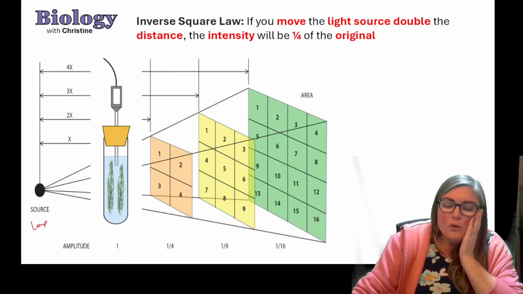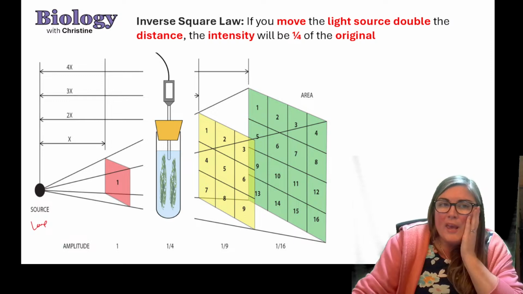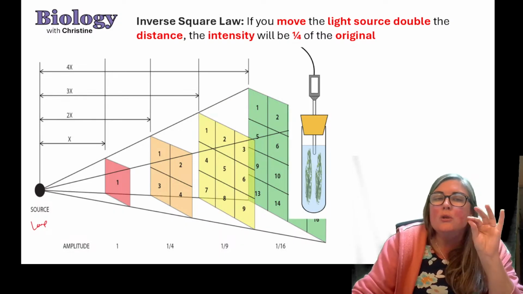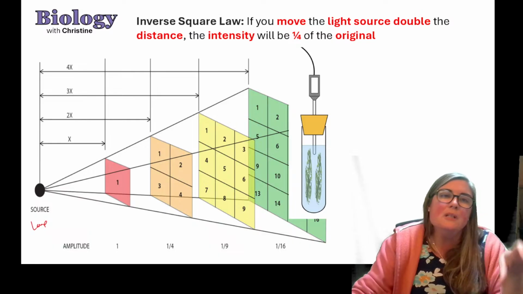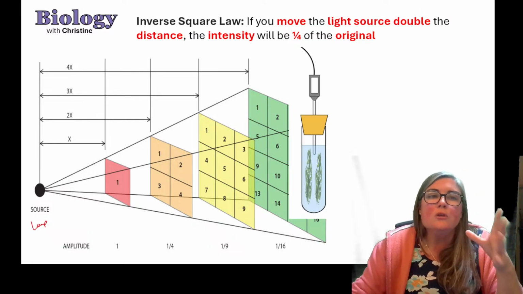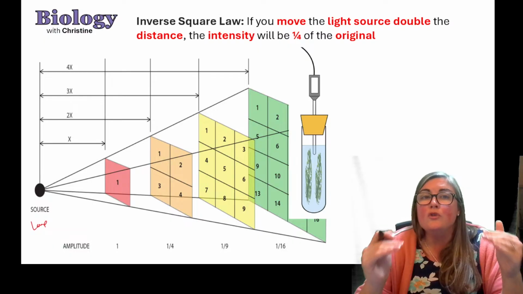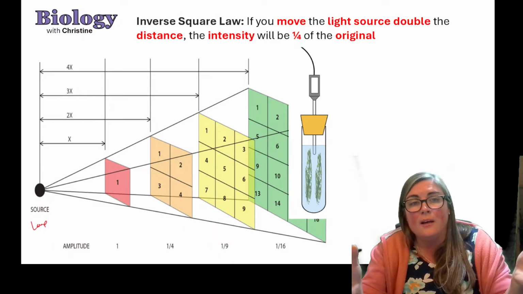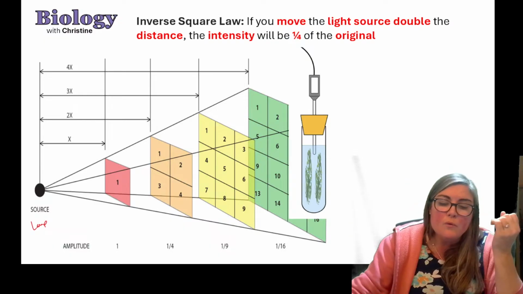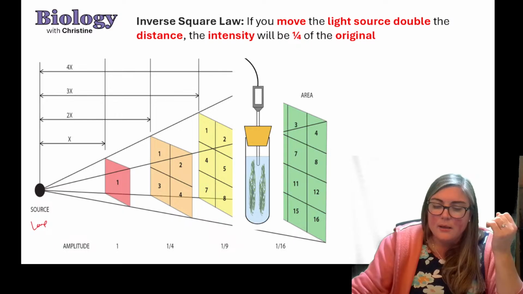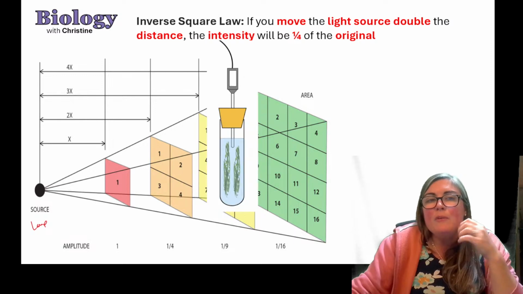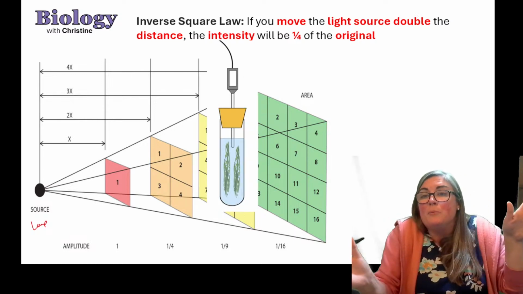Now, if I move my plant further away from my lamp, look at what's happening to my rays of light. You should know, because you've been learning your physics, that light travels as a wavelength, and that light travels as a wavelength in straight lines. And therefore, if I am moving my plant closer or further away, I'm affecting how much that light is going to be spread out.